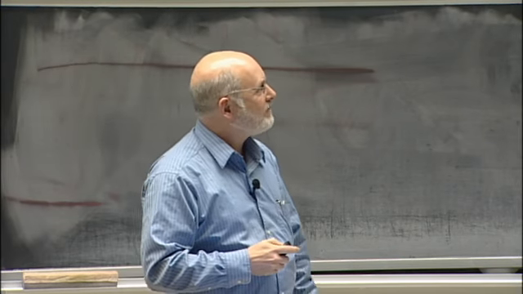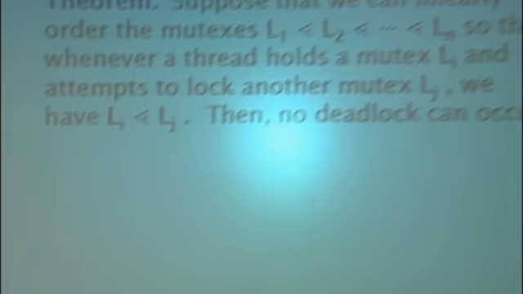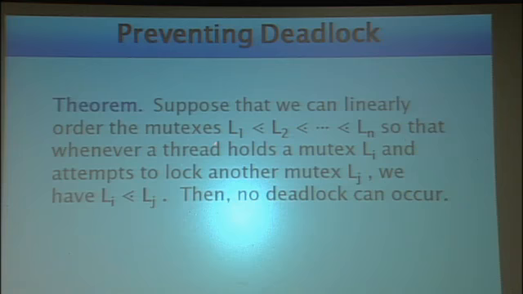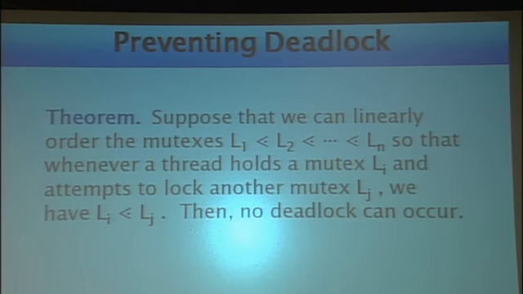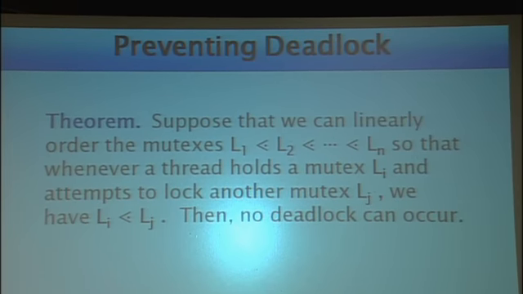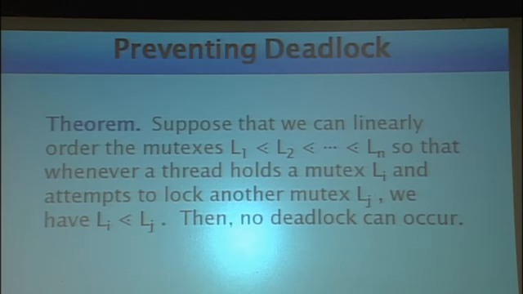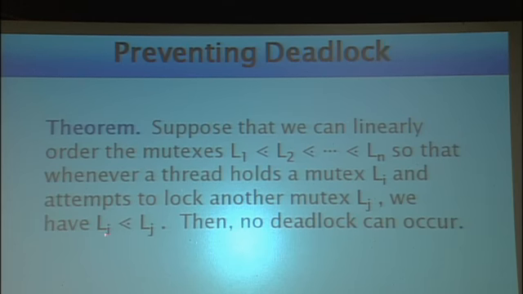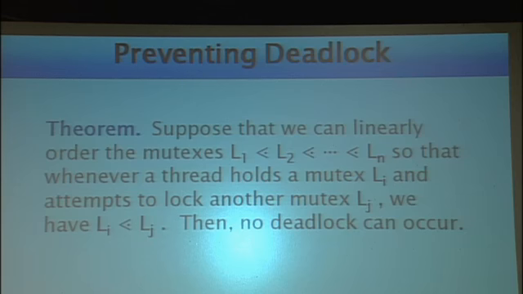Let me say that more precisely. This is a classic way to prevent deadlock. Suppose that we can linearly order the mutexes in some order so that whenever a thread holds a mutex Li and attempts to lock another mutex Lj, we have it that Li goes before Lj in the ordering.